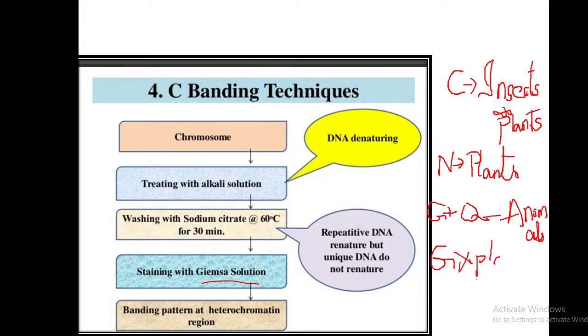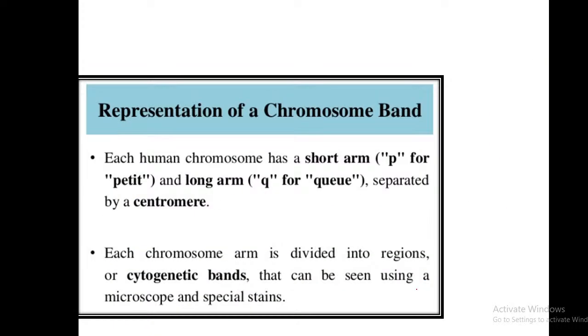Now, next is chromosome band, and as a result of this, the representation of this karyotyping. Each chromosome, when we draw, will be having a short arm and a long arm.